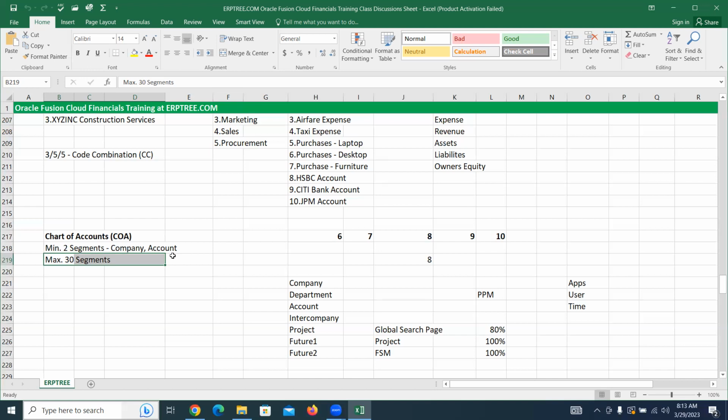The purpose of the primary balancing segment label is that it ensures in every transaction the debit company is balanced with the credit company, as well as the debit amount with the credit amount. And with the help of the natural account segment label, you can set the nature of account. Every account you create, you can set the nature, or you can say set the account type. This is what we should be able to explain when we talk about it.